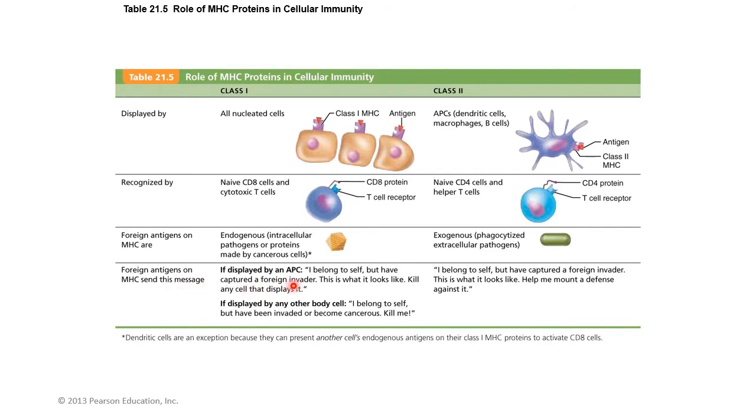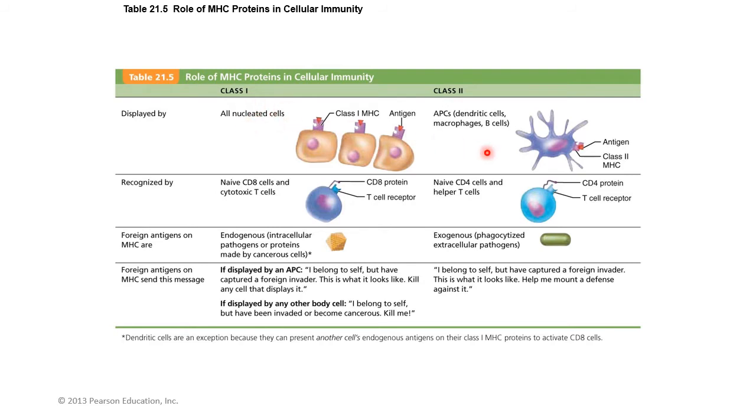If displayed by an antigen presenting cell that has ingested that particular pathogen, that antigen presenting cell will say, I belong to self, but I've captured a foreign invader. This is what it looks like. Kill any cell that displays it. If displayed by any other body cell, then the message is, I belong to self, but I've been invaded or become cancerous, kill me. So the idea is to stimulate the cytotoxic T cell to destroy any cells that are harboring this infectious agent, and they have the class 1 marker.